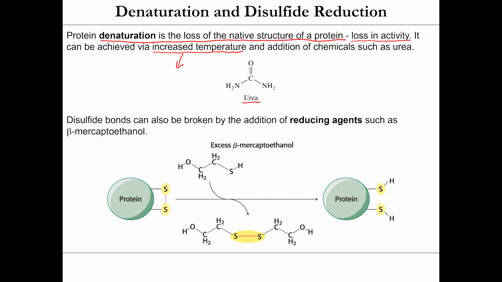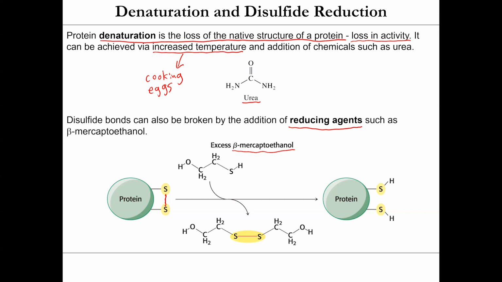So if you cook an egg, the conversion of the clear runny parts of an egg to the opaque white parts of an egg, that's basically a denaturation process where the proteins, the albumins in that egg, become unfolded. And disulfide bonds can also be broken in the laboratory by the addition of reducing agents, such as beta-mercaptoethanol. Because these are covalent disulfide bonds, you need a little bit extra chemical process to get rid of those covalent bonds.